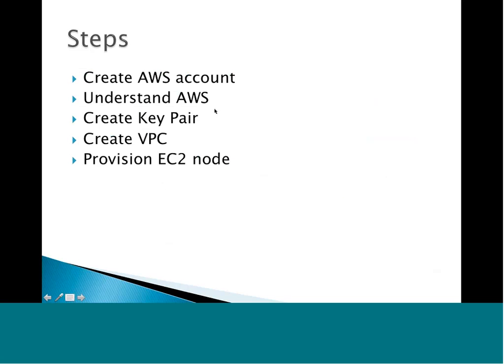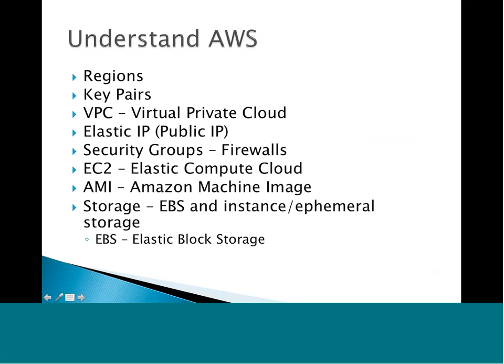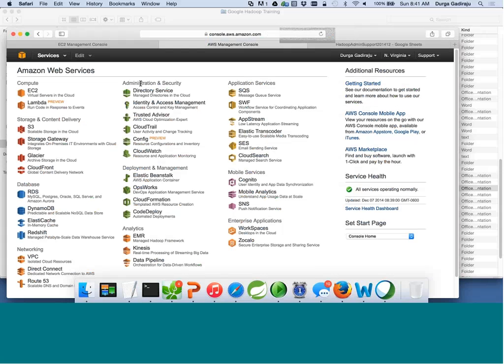As part of understanding AWS, there are multiple things which you need to be aware of. One is regions. AWS, Amazon Web Services, has globally distributed data centers, and each region will have a bunch of data centers. So make sure that when you provision the nodes, you always use one region.